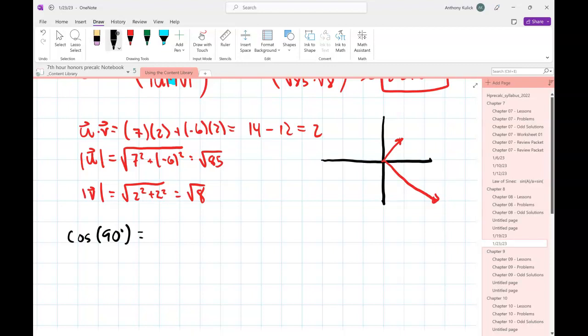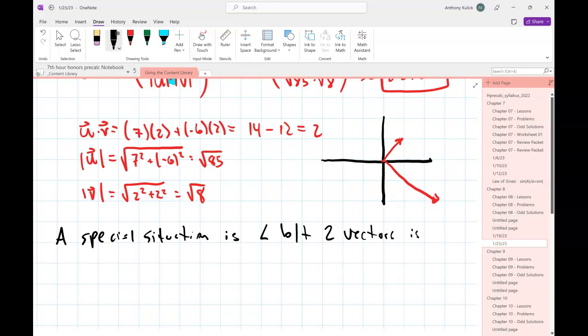What was cosine? Well, let's think here. A special situation is when the angle between two vectors is 90 degrees.